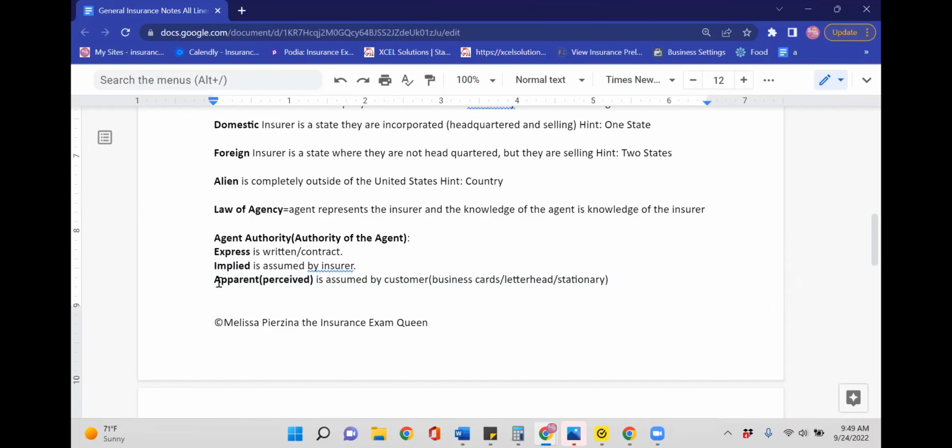So the most common examples of apparent or perceived authority is business cards that were passed out too soon. Any letterhead, like if you were to send a letter to the customer, like maybe a customer came in for a quote, you had a great time, they left and they said, I might, or I will buy it or whatever. And then you write a handwritten note. You're like, you are so cute. I want to hang out with you. You're amazing.